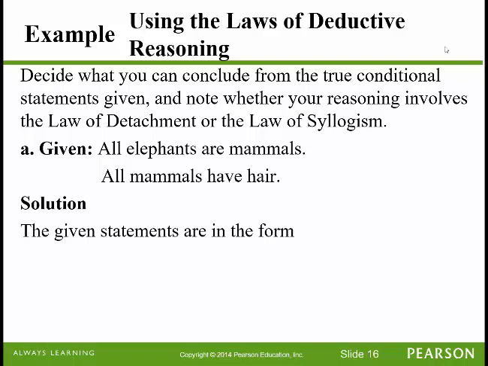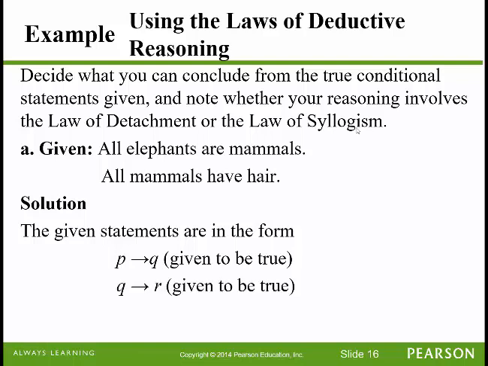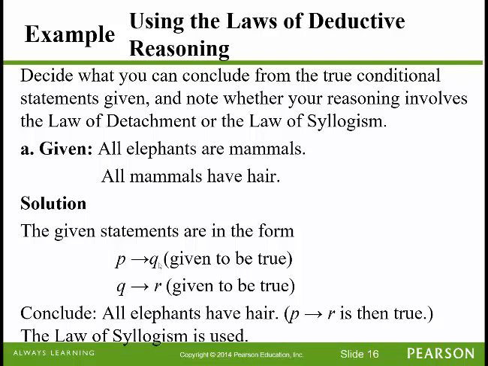The given statements are true in the form P implies Q, all elephants are mammals, and Q implies R, all mammals have hair. That's also given to be true. Look what I have here: P implies Q and Q implies R. The Q's are the same. So what we can conclude is that all elephants have hair. P implies R is then a true statement, and what we used here is the law of syllogism.